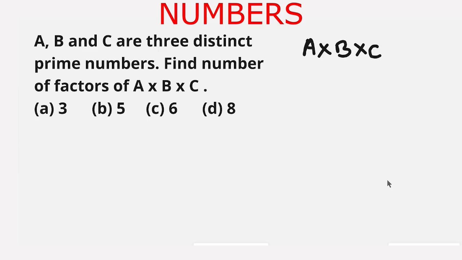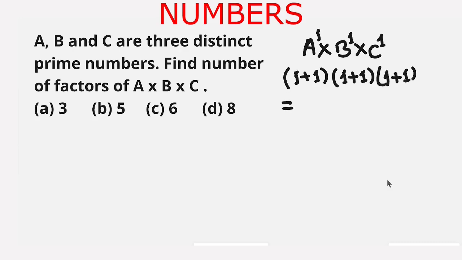So A has power 1, B has power 1, C has power 1, and therefore the number of factors are 1 plus 1. We add 1 to each power. B has power 1, so it is 1 plus 1, and C has power 1, so it is also 1 plus 1, and this is equal to 2 multiplied by 2 multiplied by 2 equal to 8.